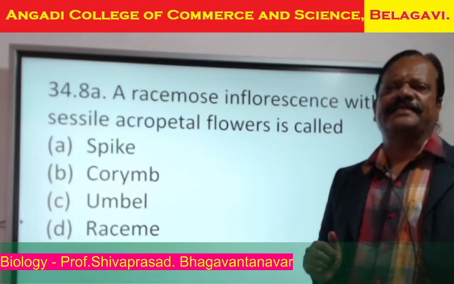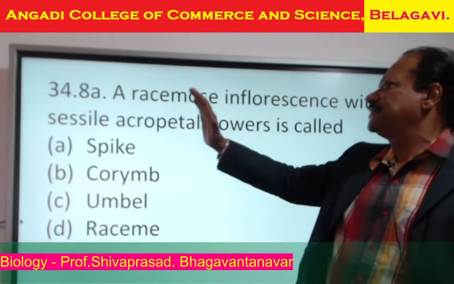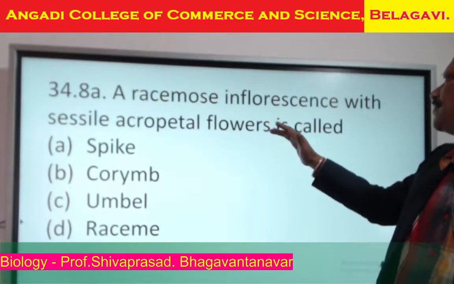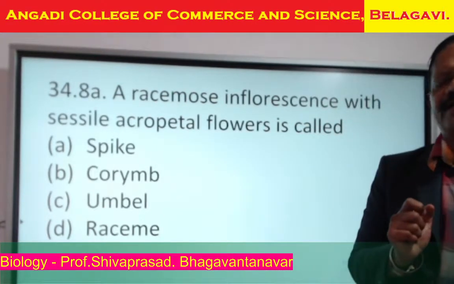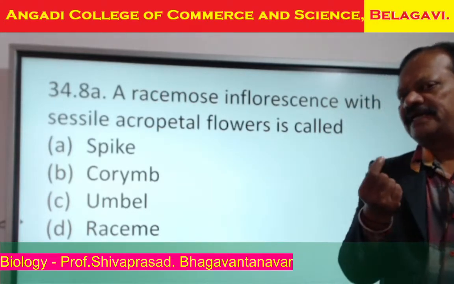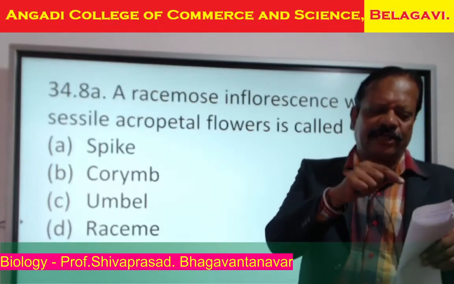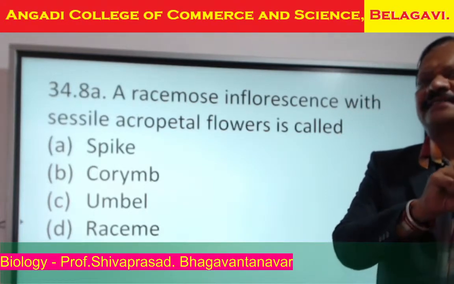Now here, a racemose inflorescence with sessile acropetal flowers is called. See, when we consider the flower, it has a pedicel. If the pedicel is present and attaches to the stem, then you are not calling that flower sessile.